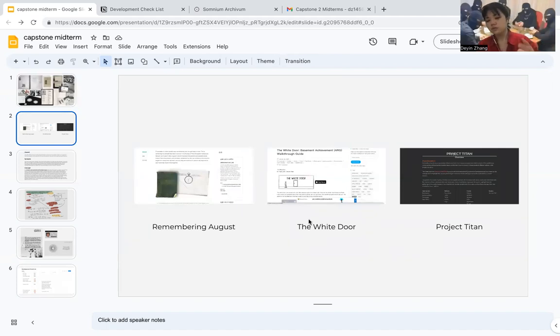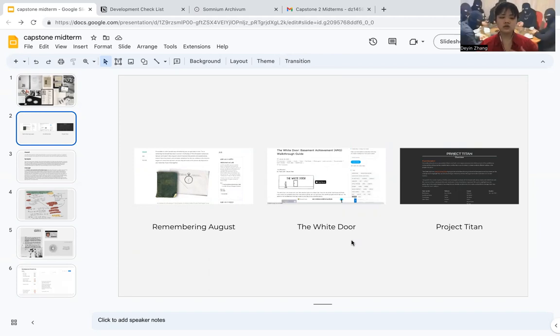First of all, it's White Door. It's an ARG made by the Rossi Lake Studio. The reason I chose this as a reference is because this ARG perfectly balanced the narrative elements and the gameplay.